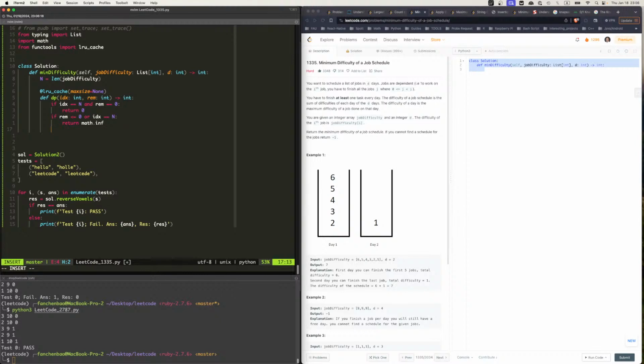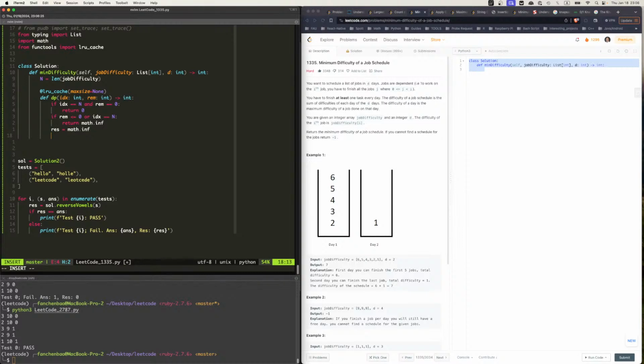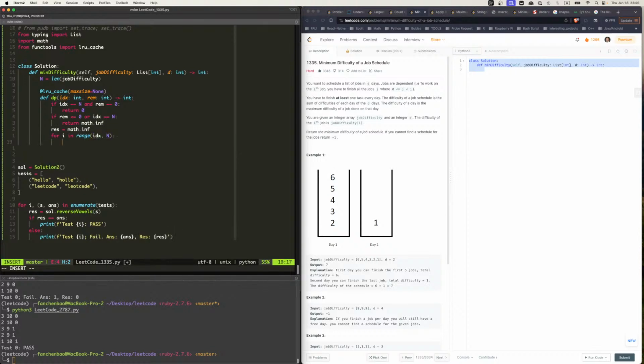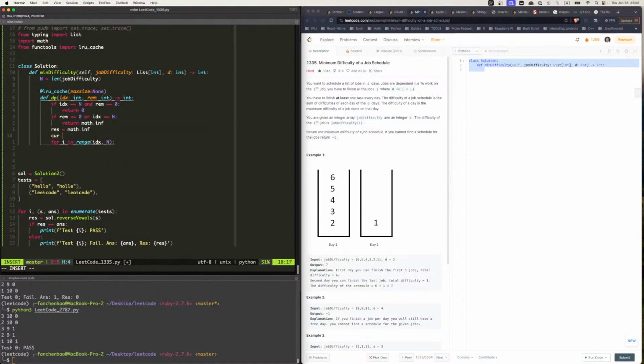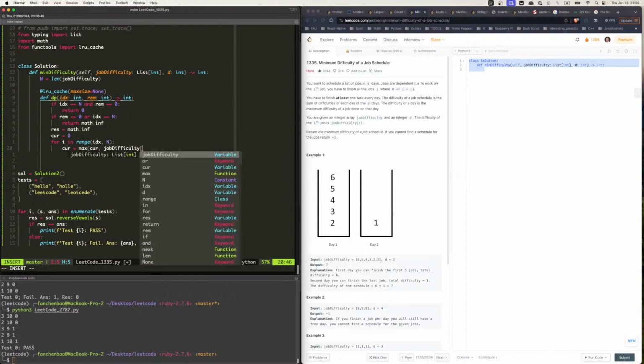So res is equal to math.inf, and then for i in range index to n, current difficulty starts at 0, and then current is equal to the maximum of current and job difficulty i.